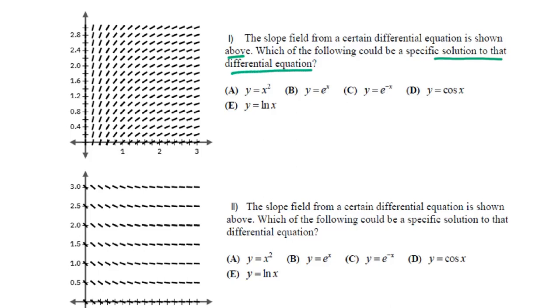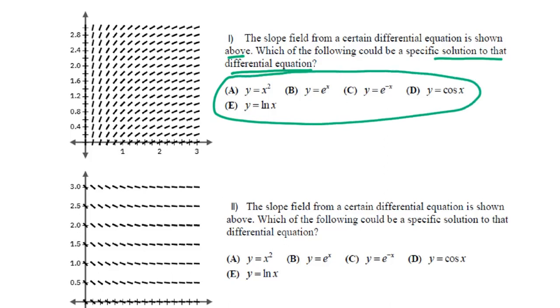When you see these choices are original functions, just check the pattern. The pattern will be something like this. Then check which of the given choices has this kind of graph. You could say y equals natural log of x. Therefore, the answer will be E.